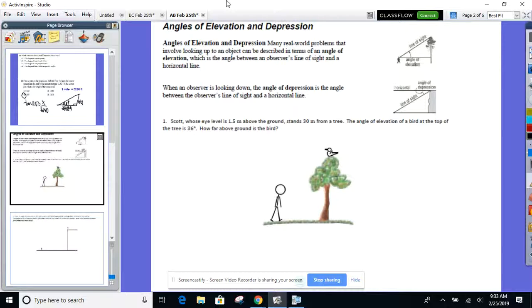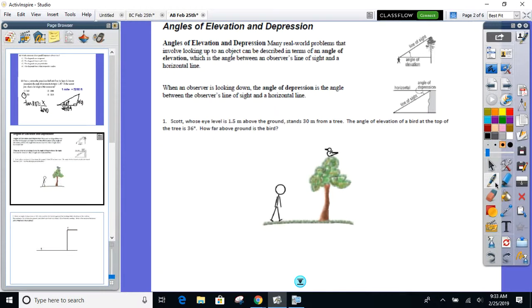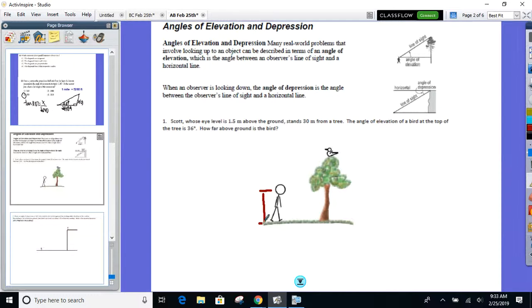Okay. So look at my first example here with Scotty. His eye level is 1.5 meters above the ground. Can you put 1.5 meters somewhere? Ground to his eye, 1.5 meters.